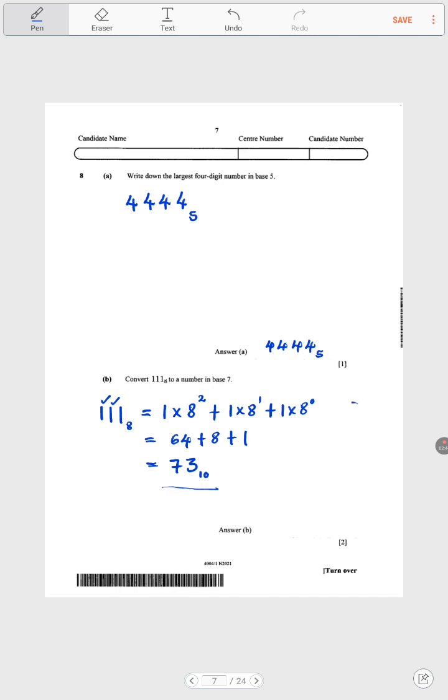So I'm going to say 73 divided by 7, that's 10, remainder 3, then 10 divided by 7 is 1, remainder 3, and here that's 0, remainder 1, and you read it from the bottom up, which means your answer is going to be 1, 3, 3, base 7.